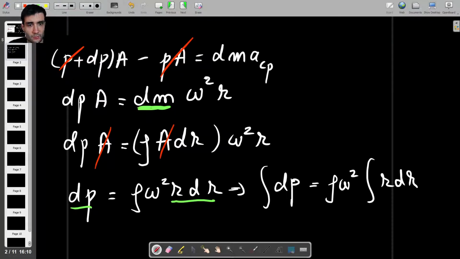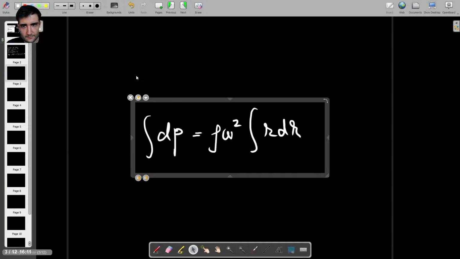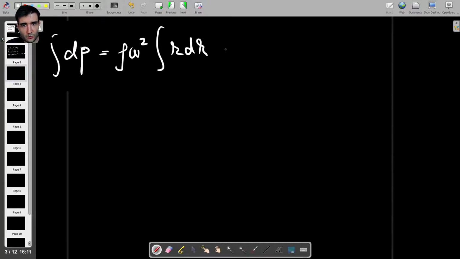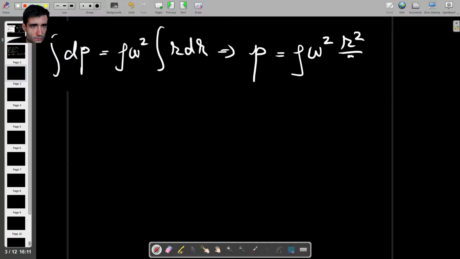We're dealing with an incompressible liquid, and omega is also constant. So if we integrate both sides, we end up with the following. So we have static pressure equals rho omega squared r squared over 2 plus a constant.